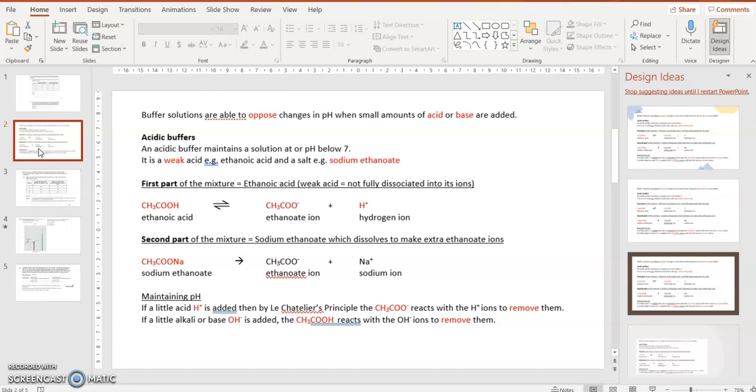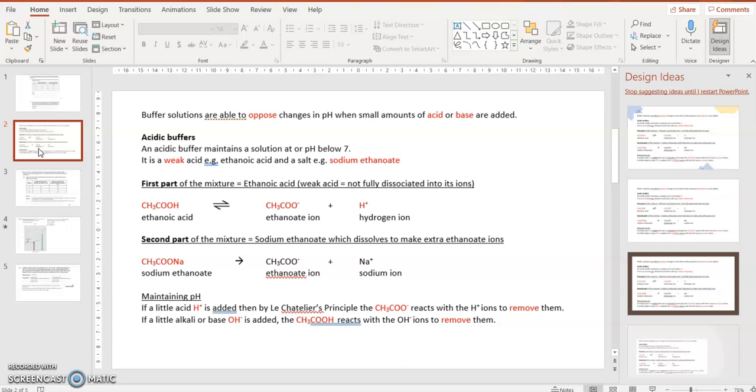If I add H+, it can react with the ethanoate ions, and the equilibrium shifts to the left to remove the hydrogen ions, the acid that you've just added. That's why I need a little bit more ethanoate ion in the mixture, to be able to react with it and shift the position of equilibrium to the left and remove the H+.